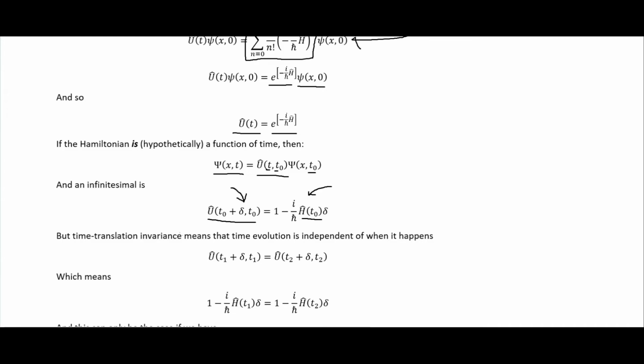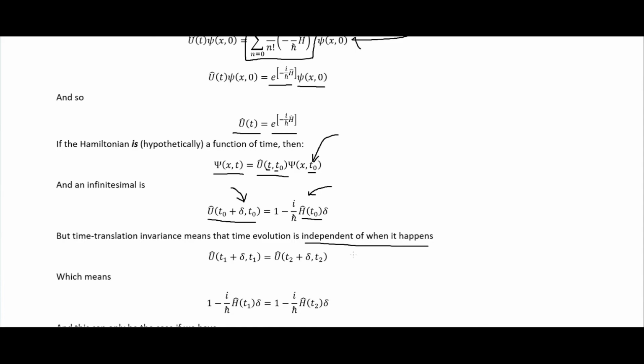But time translation invariance means that the time evolution is independent of when it happens. And so the t sub 0 shouldn't matter, because if you start your experiment now, that shouldn't give you something different than if you started it 10 minutes from now, or if you started it 5 years ago, or if you started 100 years into the future.